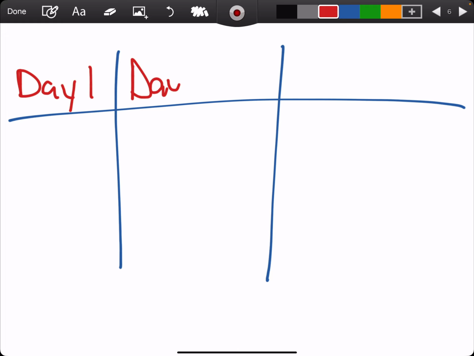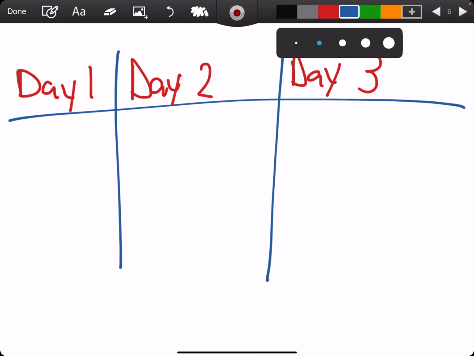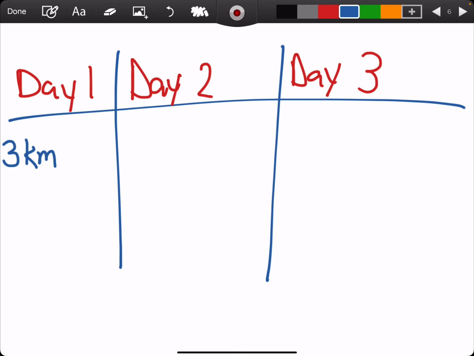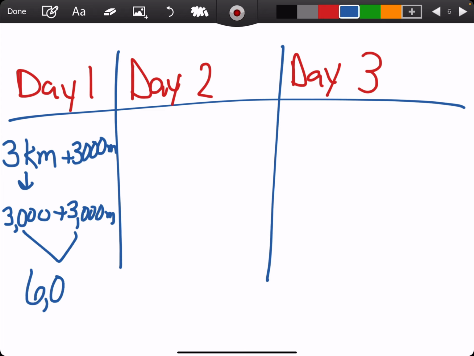Day 1, day 2, day 3. And if each day she's running for 3 kilometers and at the beach 3,000 meters, well, 3 kilometers and 3,000 meters is the same because 3 kilometers is 3,000 meters plus the 3,000 meters. That is 6,000 meters. And now it's the same thing on day 2, so that would be another 6,000 meters.